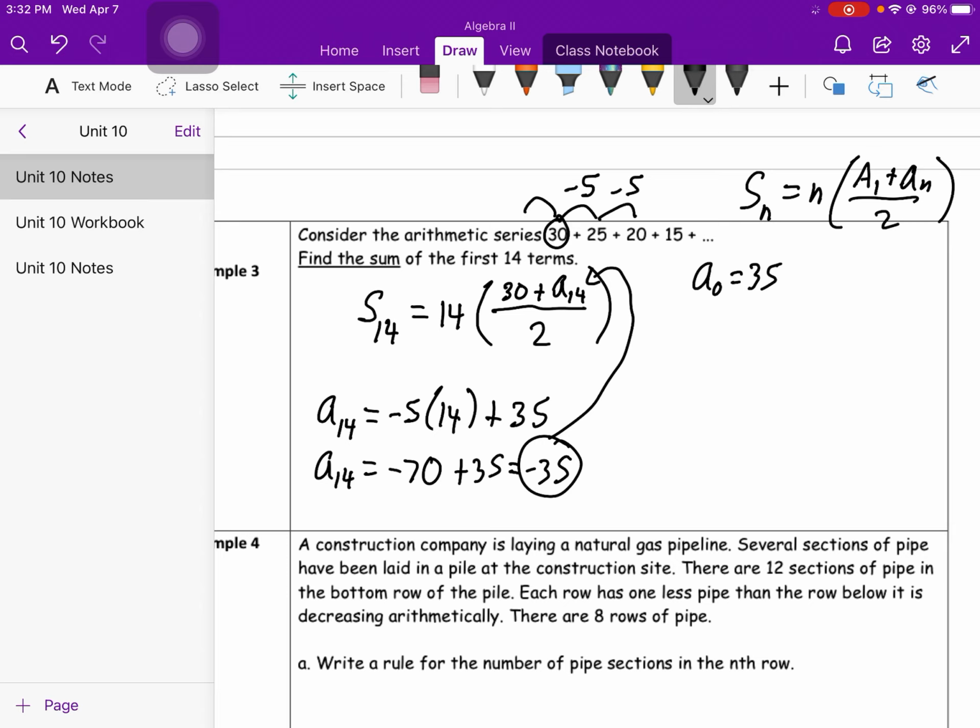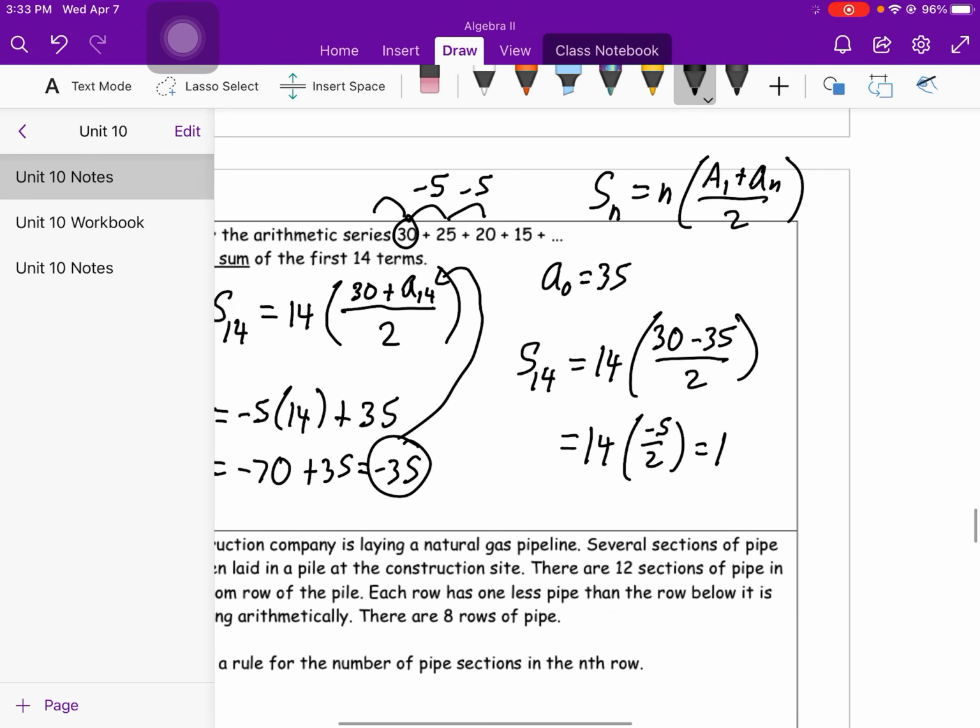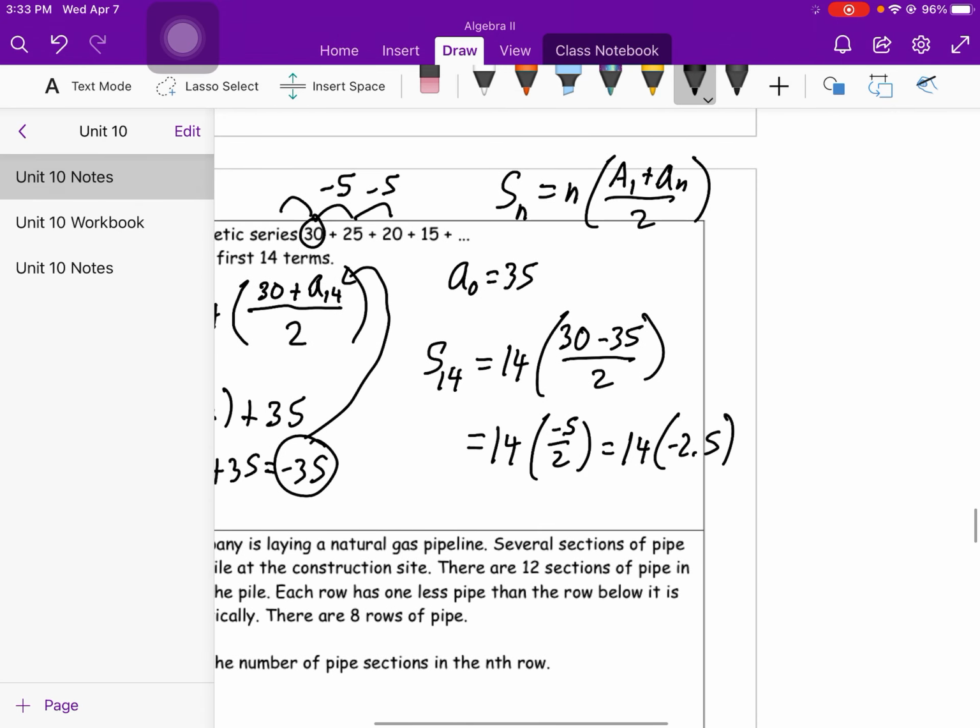Take that, substitute it into the series formula. Get 14 times (30 minus 35) divided by 2. It's going to be negative 5 divided by 2. 14 times negative 2.5.